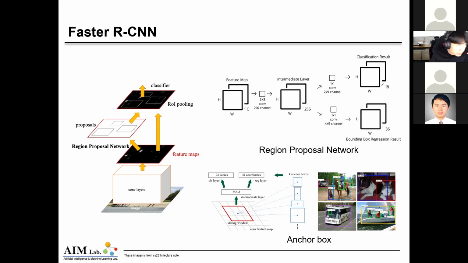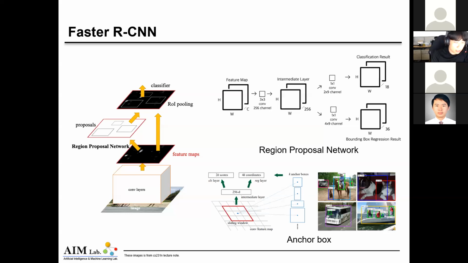So the first step is that they use a backbone network with convolutional layers, and it produces some feature maps. And there are sliding windows to capture fixed-size features of each part of the feature map. From those features, they propose regression points and a score branch.